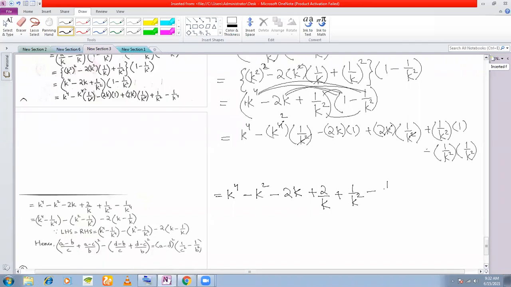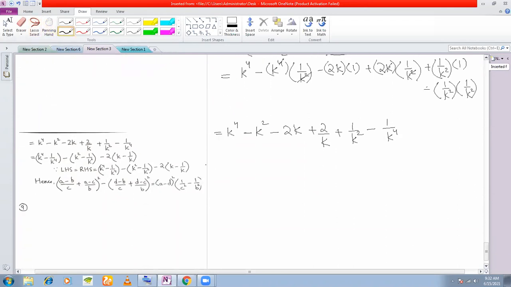And then you have minus 1 by k to the power of 4. Okay. Now you take all the power 4s together. So you have k to the power of 4 minus 1 by k to the power of 4. You take the power 2s together. So minus k square plus 1 by k square. You take the power 1s together. So minus 2k plus 2 by k.